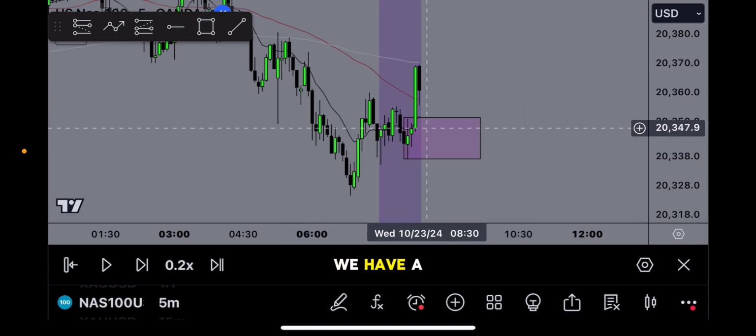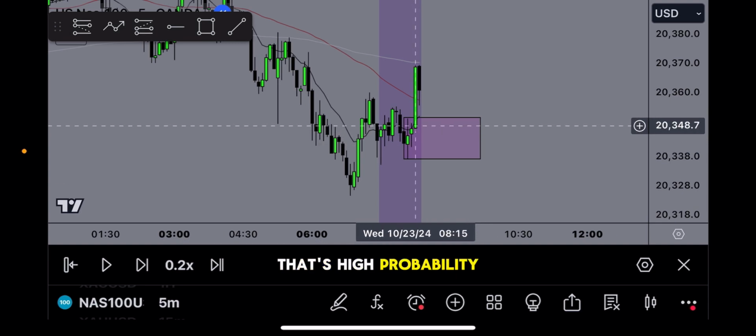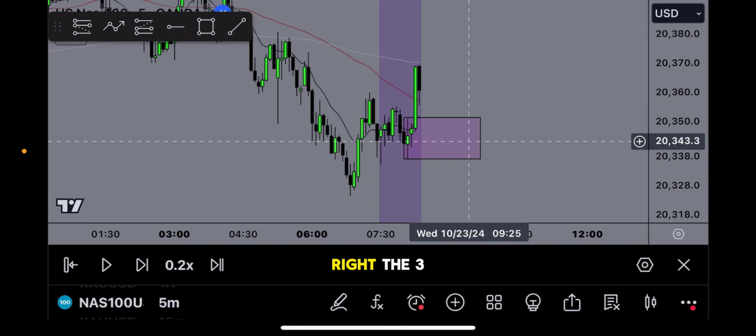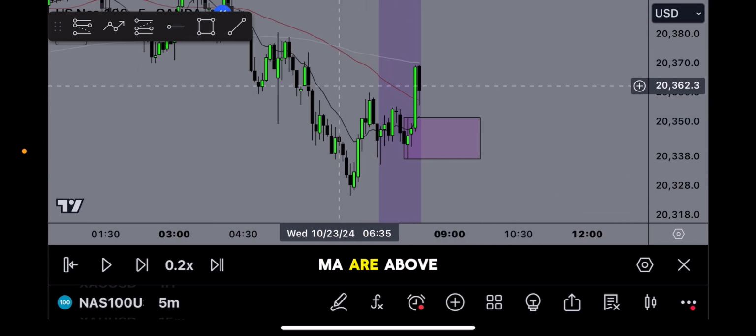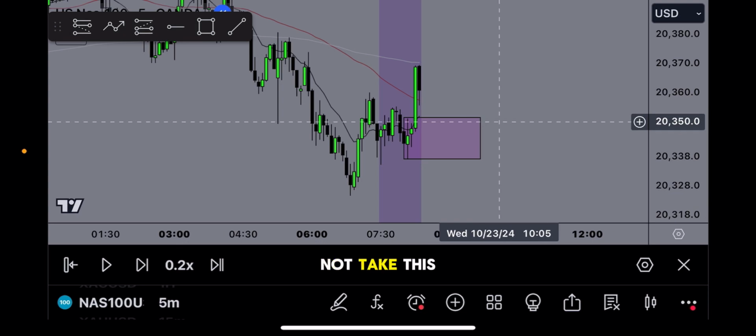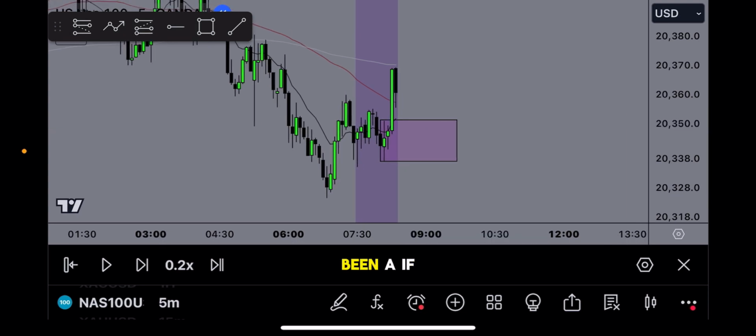So even though we have a demand setup here that's high probability because we have a gap and a break of structure, right? The 3 MAs are above price. So this, to me, I would not take this trade. This would have been an iffy trade to take just because everything is not lining up correctly.